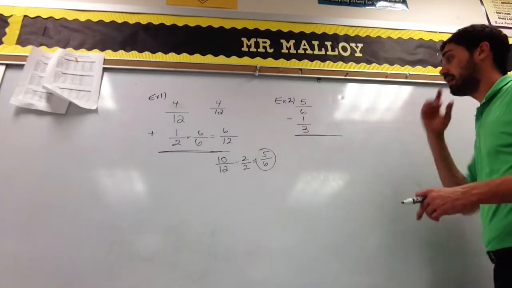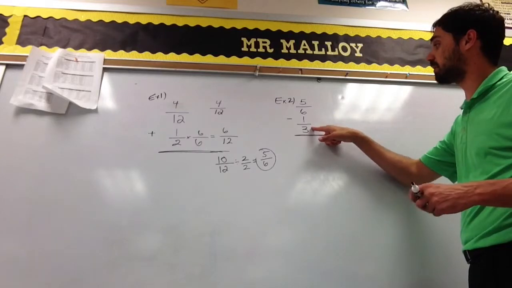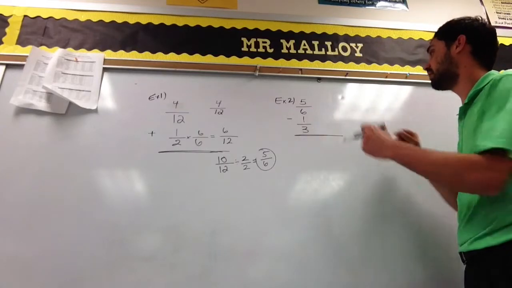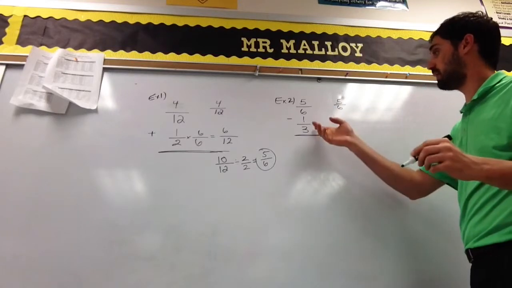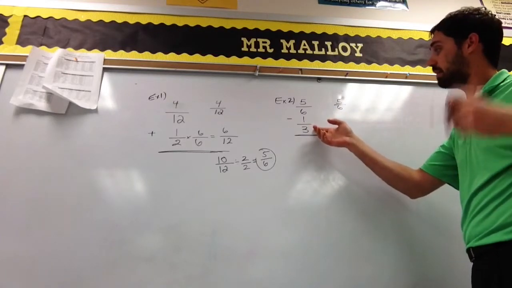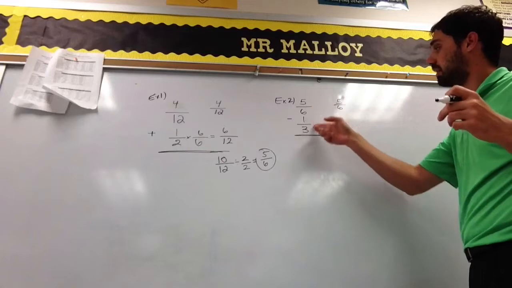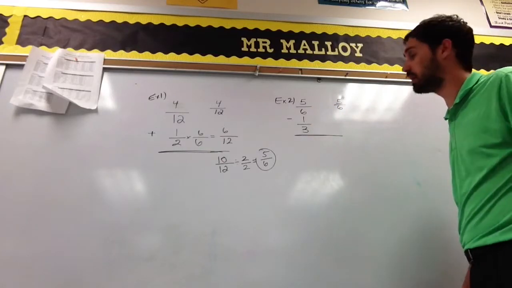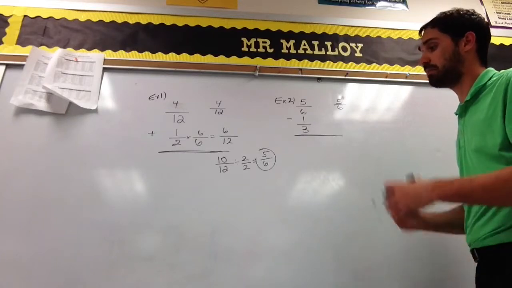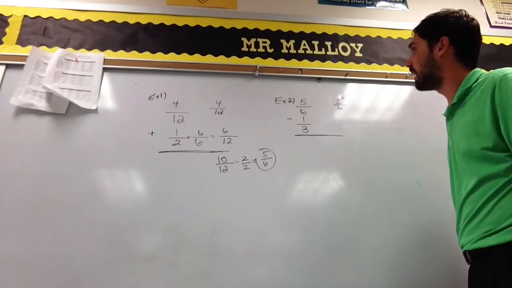Okay? Again, let's do a subtraction problem. 3 can go into 6, so I'm going to use 6 as my common denominator. You can always get the common denominators, like I said, way back when, by multiplying the denominators together. But as we're getting better and better with this, our math knowledge is growing.